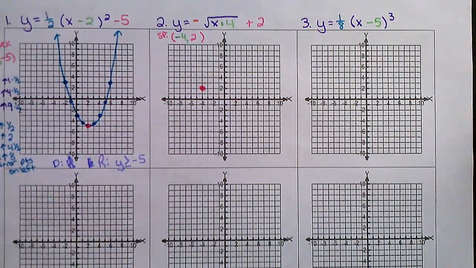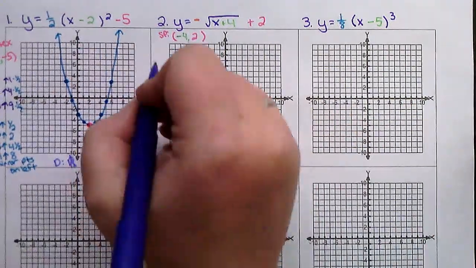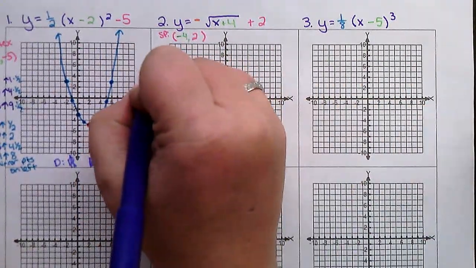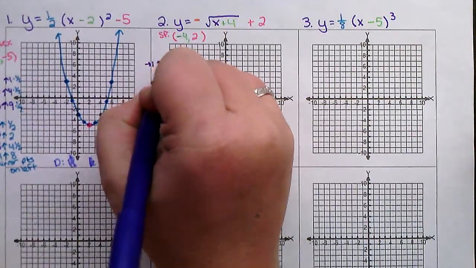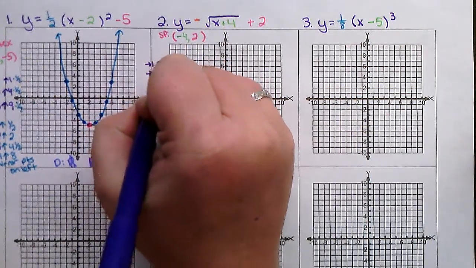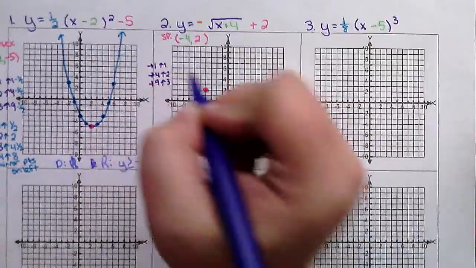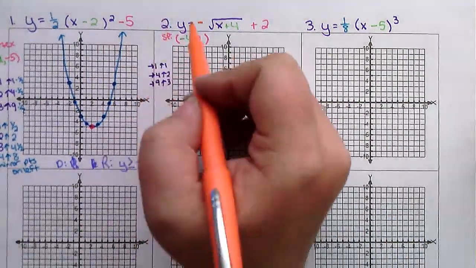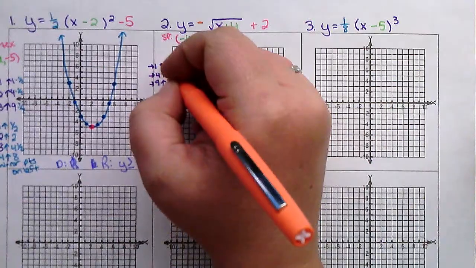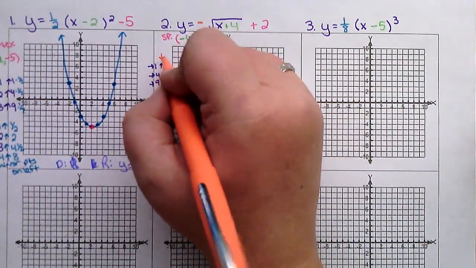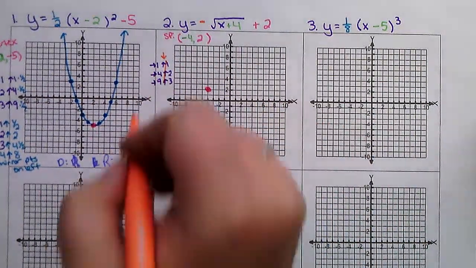Then normally my pattern for growing for an eyebrow is over 1, up 1, over 4, up 2, and over 9, up 3. However, with this negative, we know that we need to change the signs of all of our y values so they're actually going to go down.